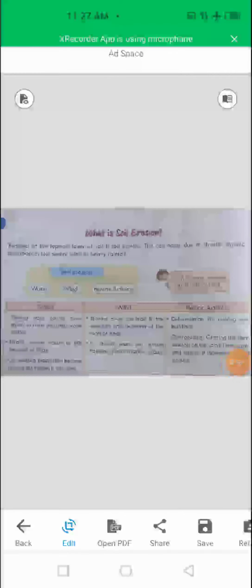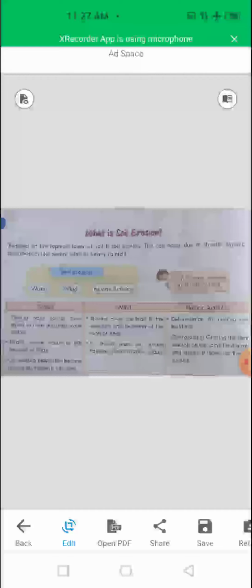Now let's come to the next topic, that is soil erosion. So what is soil erosion? Removal of the topmost layer of soil is soil erosion. This can occur due to drastic climatic disturbance like severe wind or heavy rainfall.